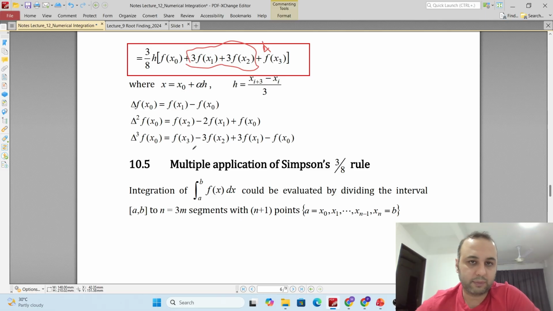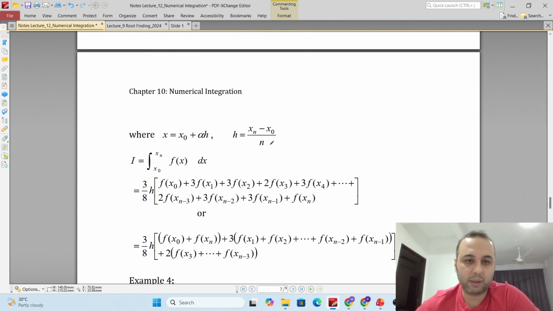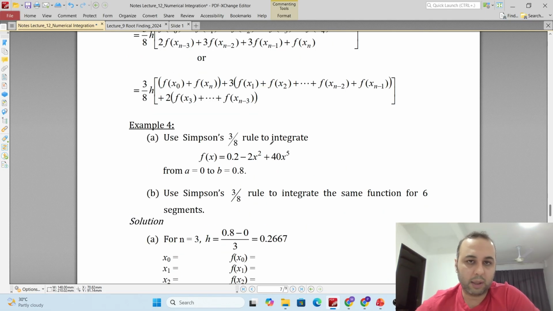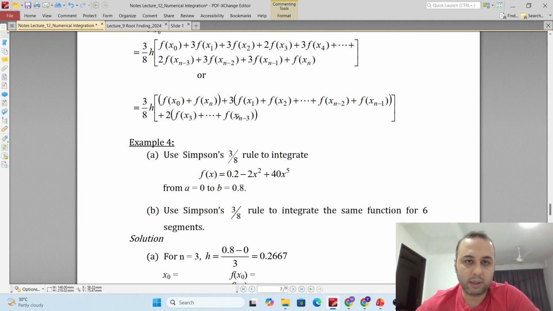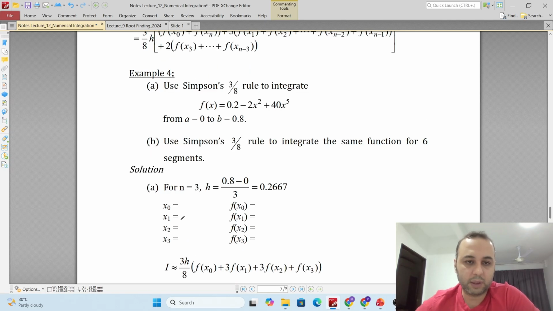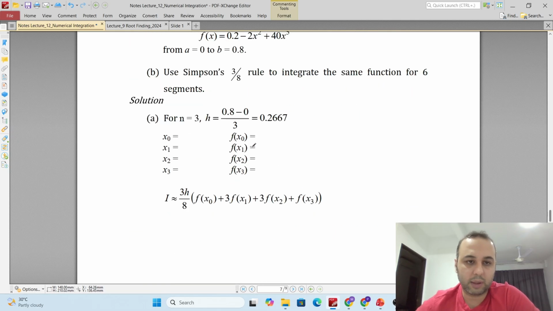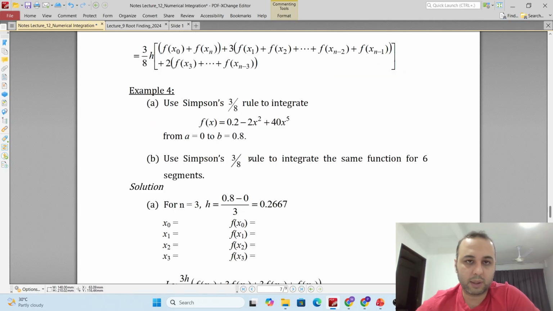Okay, multiple applications. As you can see, if you have more points, more than 2, it means n equal more than 3, means n equal to 4 or 5, we can use this formula.